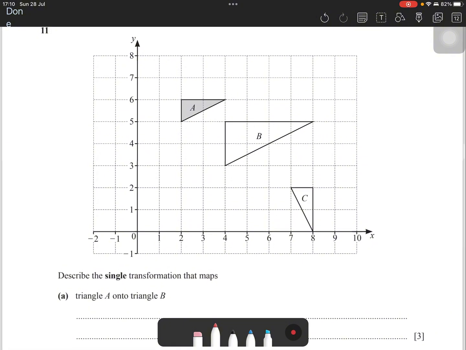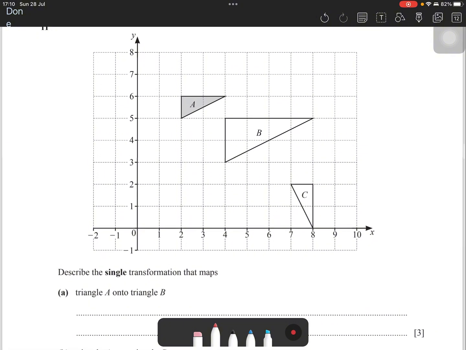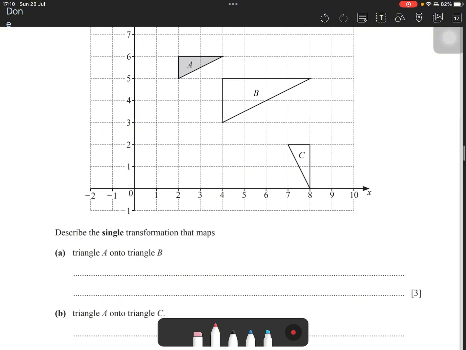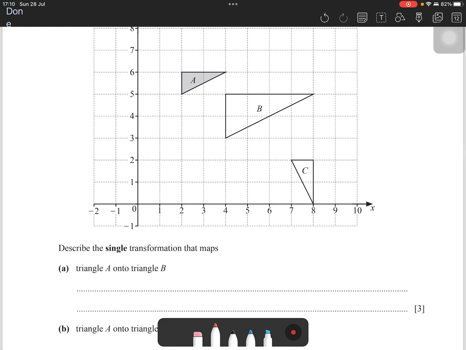Question 11. Describe the single transformation that maps triangle A onto triangle B. So we see that this is an enlargement. And in an enlargement, we need to find two things. The first one is the center. We need to know the center. And the second thing is the scale factor. To find the center, you join the corresponding points together.